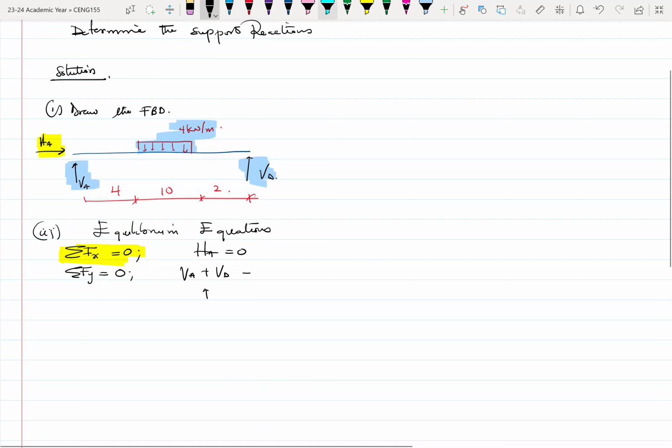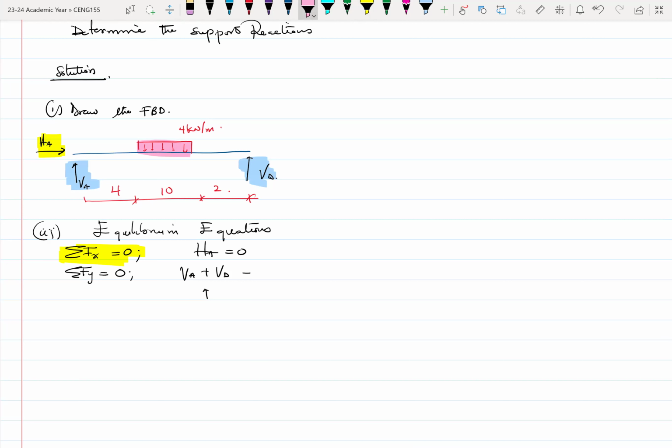Now, when we look at the UDL, okay, so when we look at the UDL, it is on this section. This way we can find out our UDL. Okay. So to find the total load of the UDL, where the UDL is supposed to be a line load, we need to find the area of this rectangle.